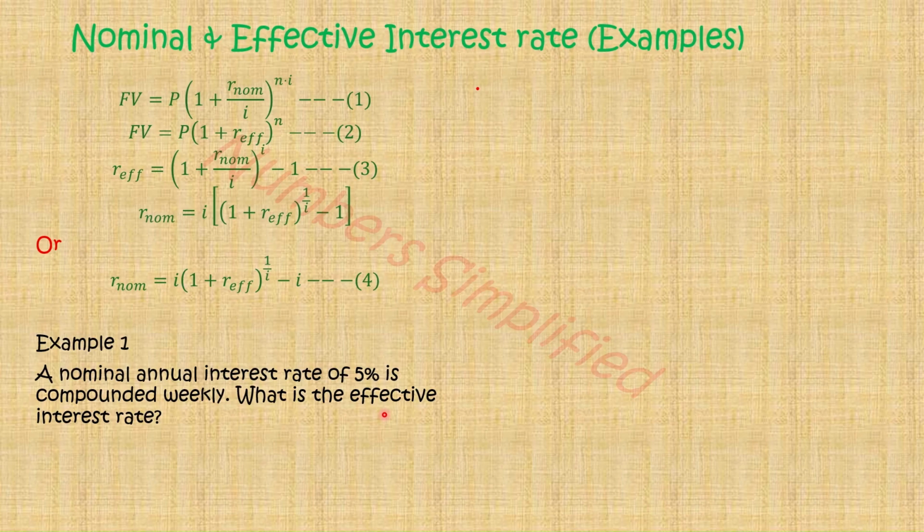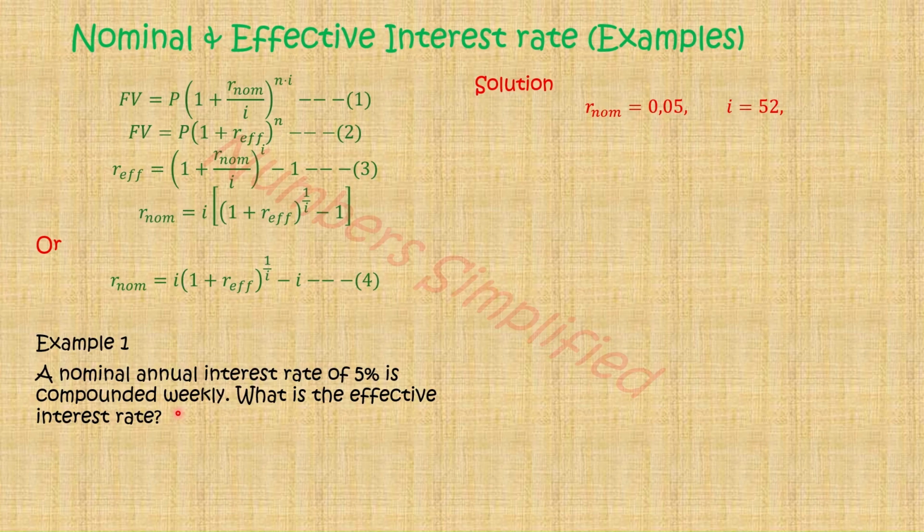So, before we try to think of which formula to use, it is always important that we first identify each and every variable that we're given. So, we know that we have the nominal interest rate, which is 0.05 in decimals, but of course, as a percentage, that would be 5%.